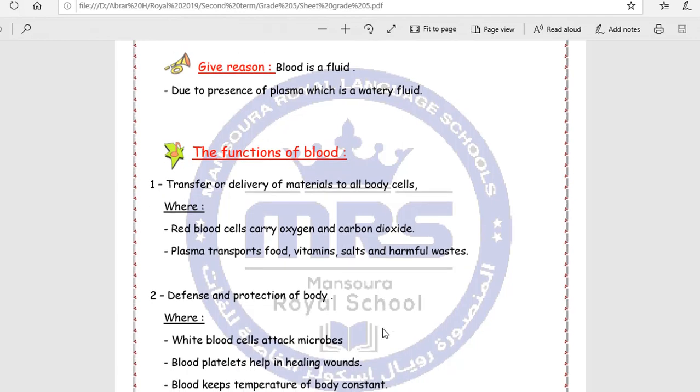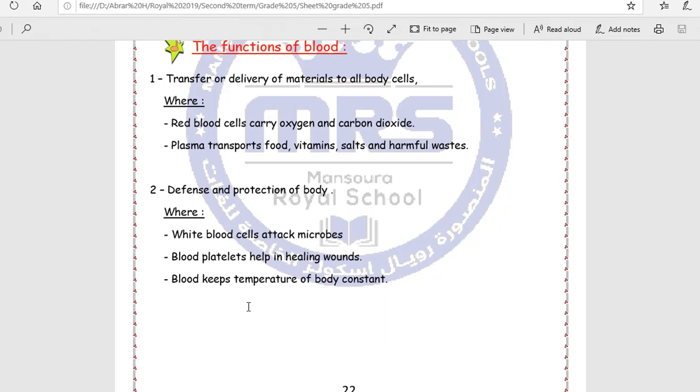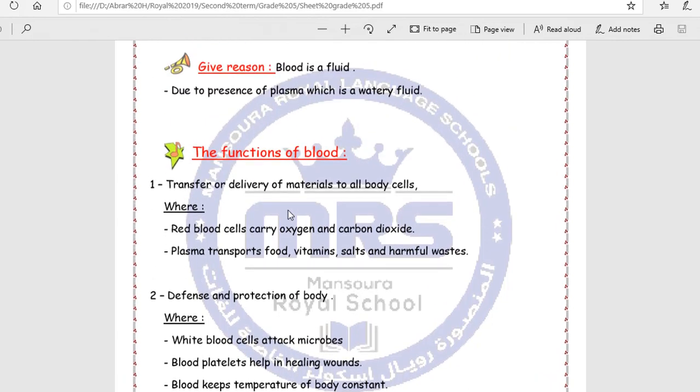The second function of the blood is to defend the body and protect it. How? As the white blood cells attack microbes, blood platelets help in healing wounds, and the blood keeps the temperature of the body constant. So, generally, the functions of the blood are two: transfer or delivery of materials to all the body cells, and the defense and protection of the body.